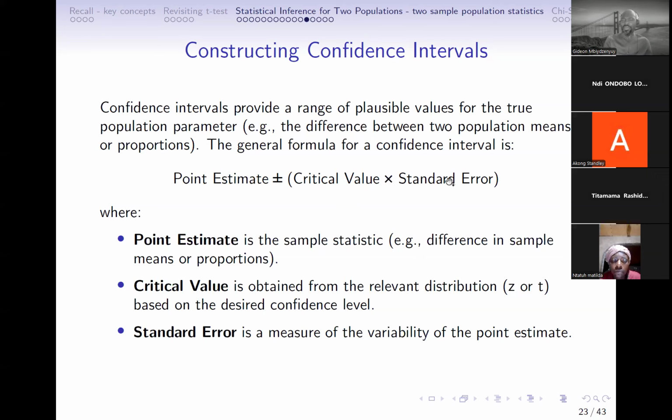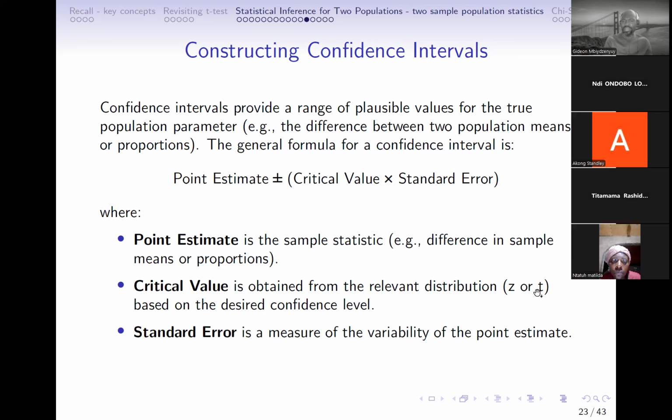So if we combine the statistic that we calculated with this, we can estimate a range for a mean or for a proportion. The range for the population statistic is the confidence interval here. So the point can either be, as I said, the mean or the proportion.